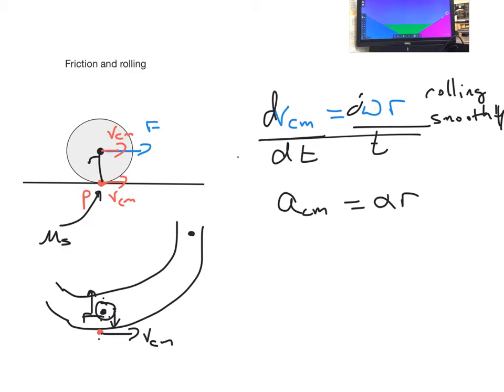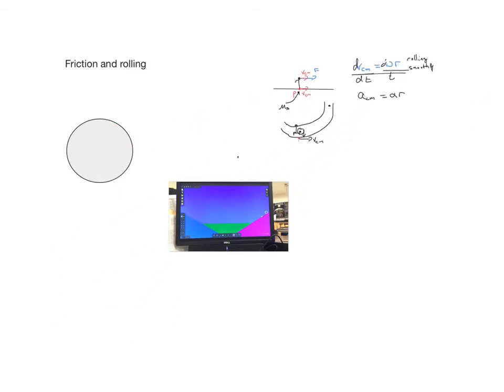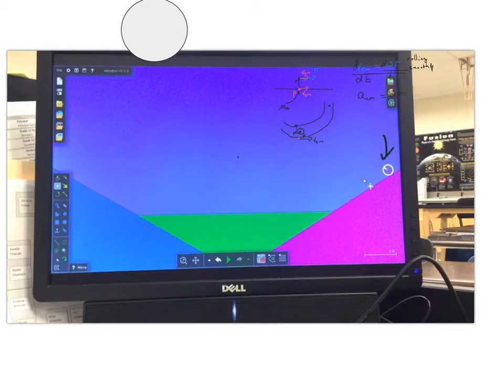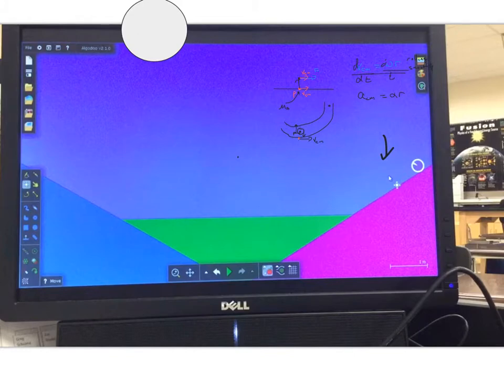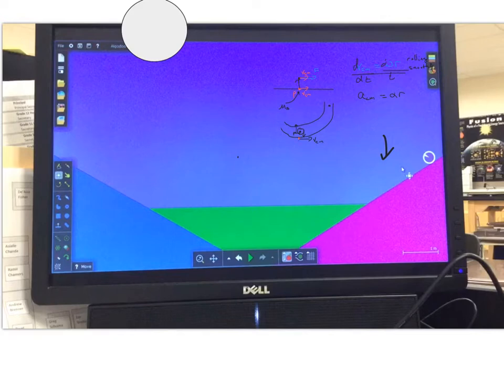So let's look at this simulation here, because of course we cannot replicate what's happening. Here's our object, starting right there, and we have three surfaces. Let's see what's going to happen if I click play on the video.